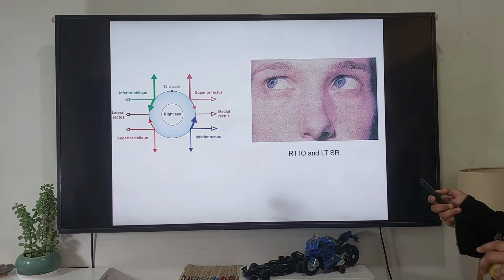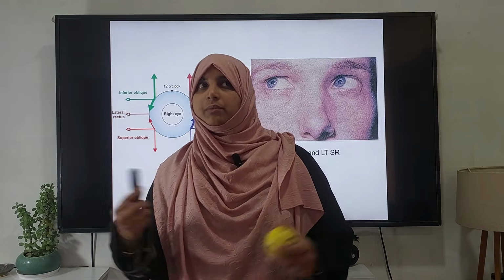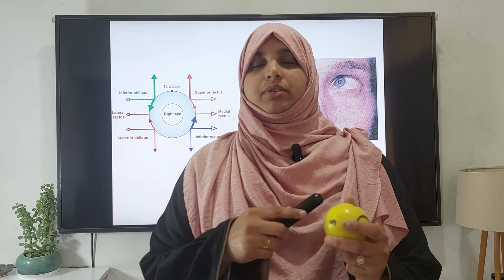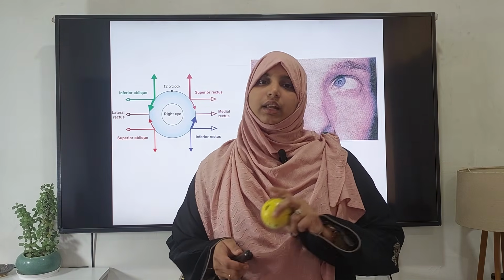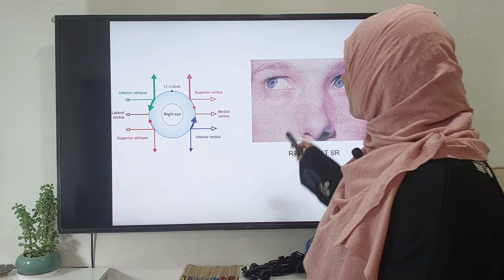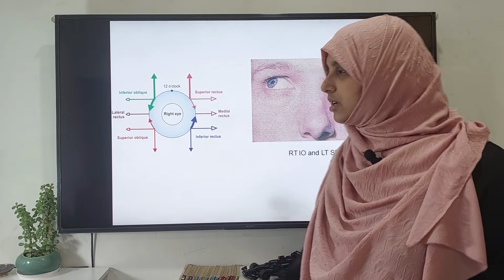Now, this is a little bit of a tricky movement. If you have a patient with squint or if you want to check the eye movements in a neutral position, till now it would have been very easy. But for this movement, we have to apply a little bit of logic.